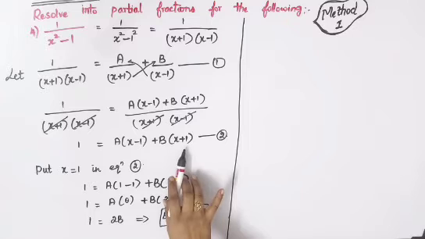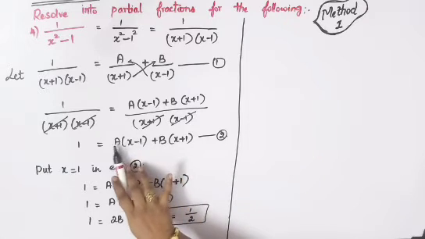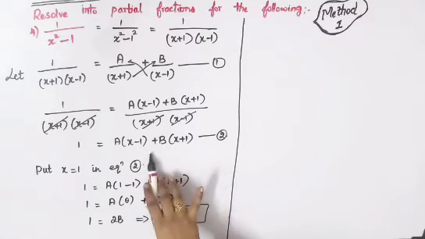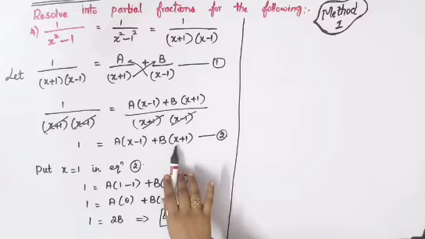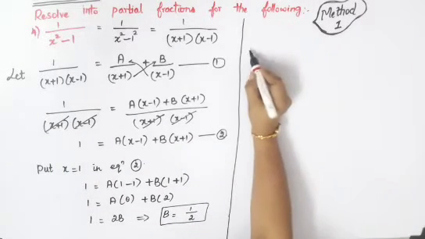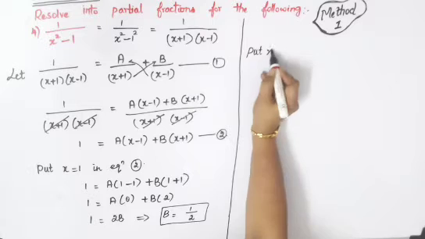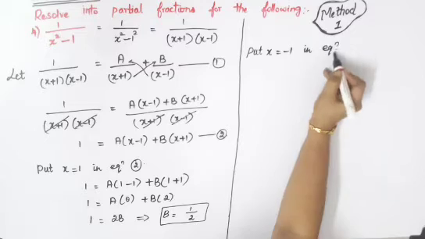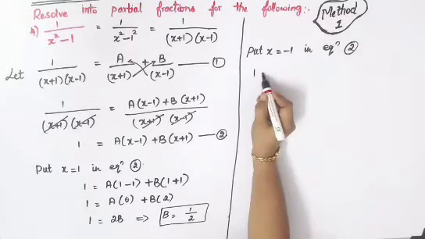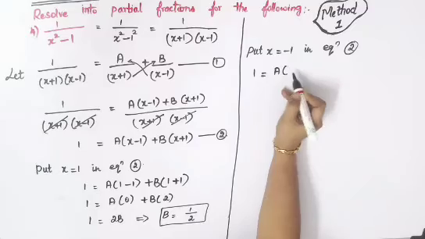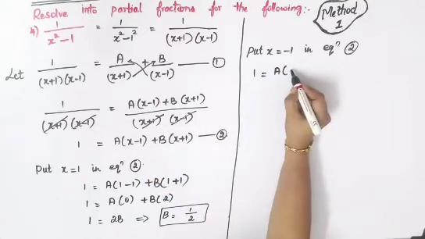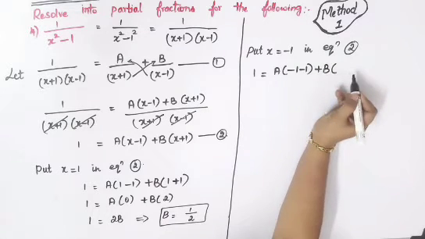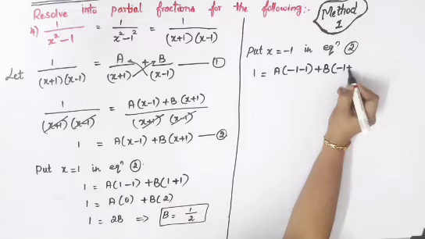Now get back into your equation 2, where we had given 1 instead of x. Now see this term, plus 1 is there, so the additive inverse of plus 1 will be minus 1. So put x is equal to minus 1 in equation 2. 1 is equal to a into, instead of x you put minus 1, so minus 1 minus 1, plus b into, again x is there, so minus 1 plus 1.